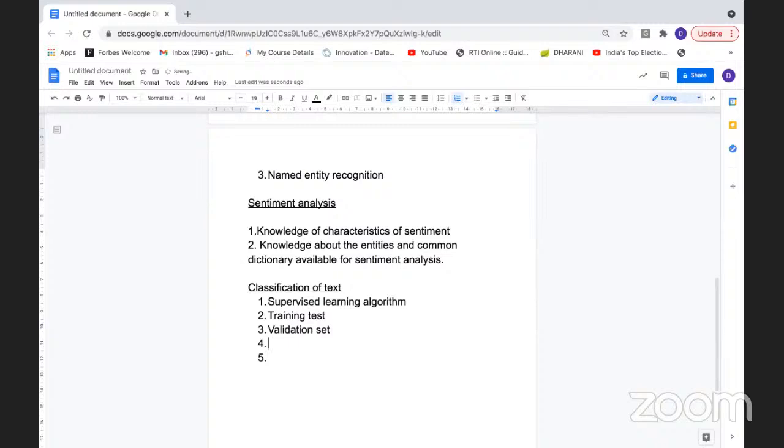Set. Okay. Fourth one is test set. You have features of text. And finally, LDA. And you have machine reading. In this, first, you try to do removal of possible entities, right?